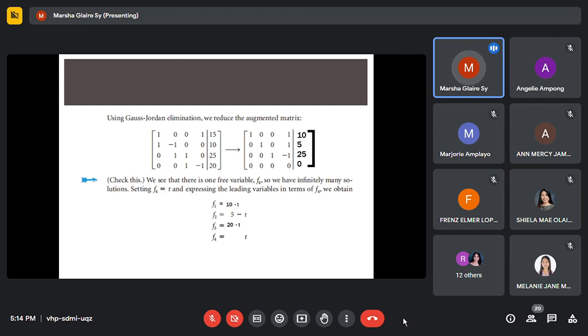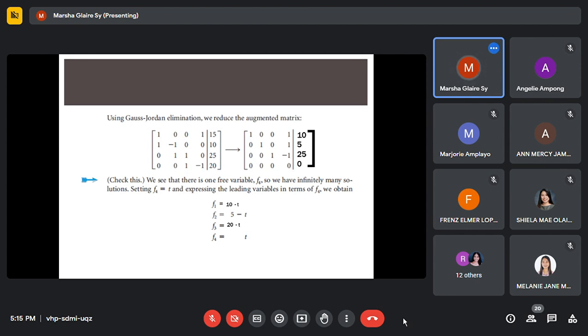If we are going to reduce this one right here, this is the result: 1, 0, 0, 0, 0, 1, 0, 0, 0, 0, 1, 0, 1, 1, negative 1, 0, with constants 10, 5, 25, 0. Sa aning nga part, gi-reduce siya into row echelon form, or the REF, and mao ni ang iyang nakuha nga result.